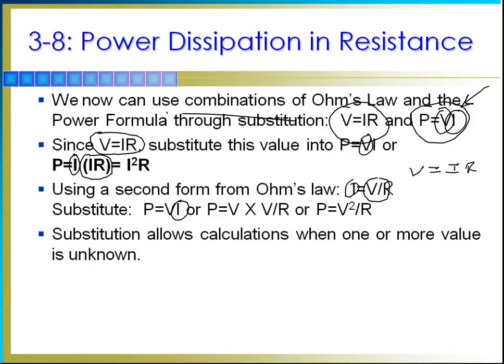Power now equals voltage times voltage over resistance, or power equals V squared over R. So this allows us to introduce resistance as an element of power, and it allows more calculations when one or more values are unknown. And that's just the start.